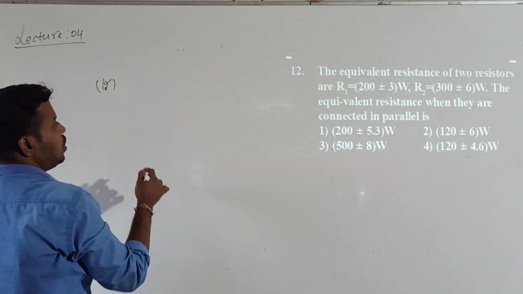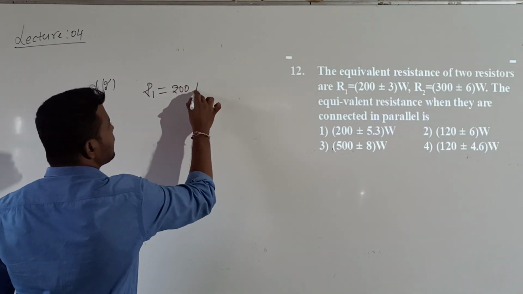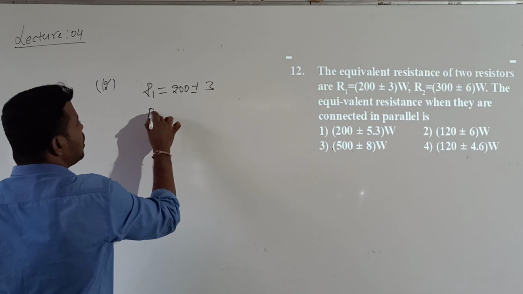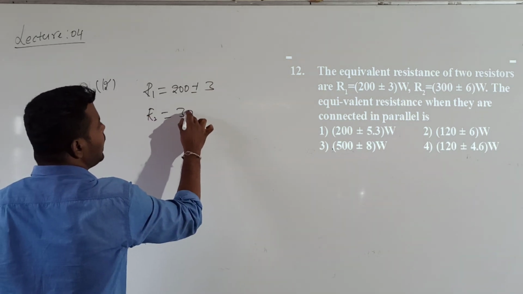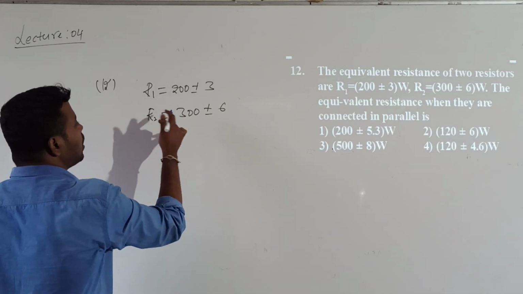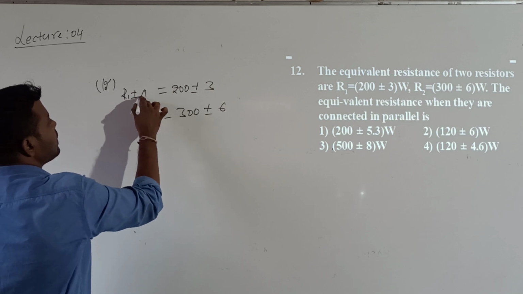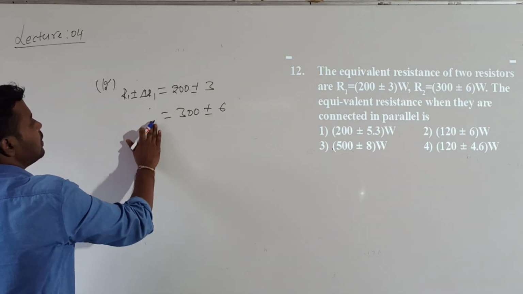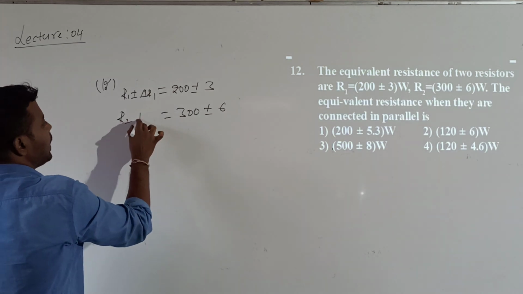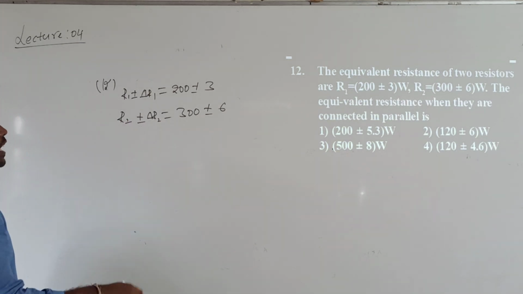Two resistances are given: R1 value 200 plus or minus 3 and R2 value 300 plus or minus 6. The errors are also given: R1 plus or minus delta R1, and the value of R2 plus or minus delta R2.